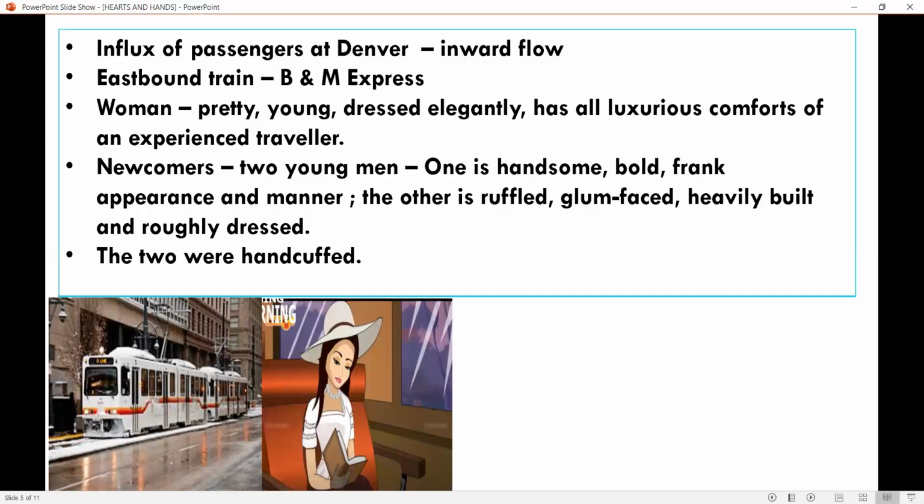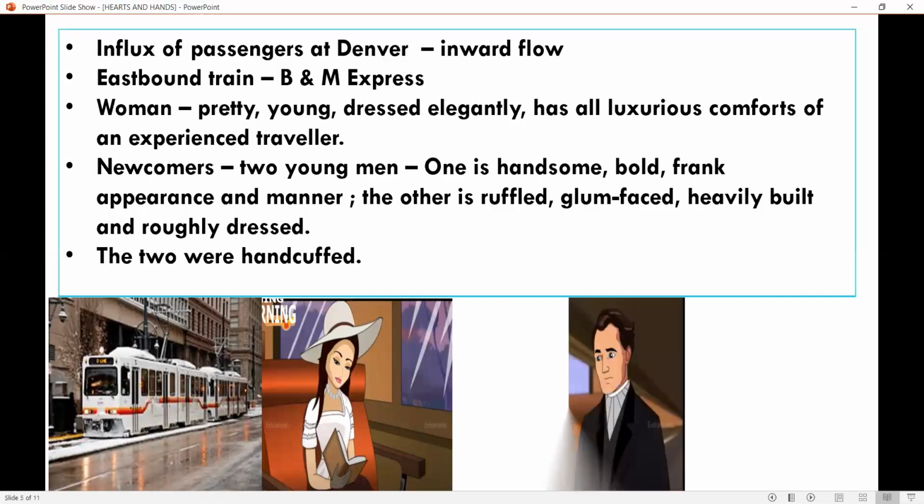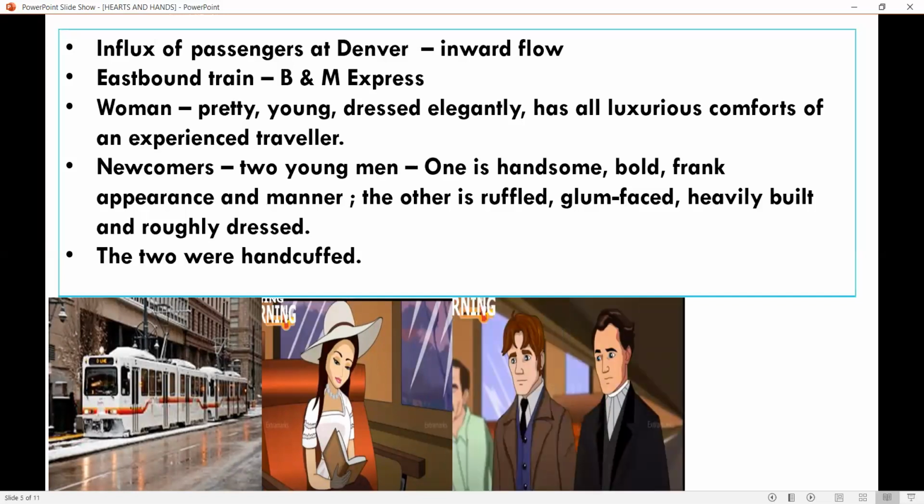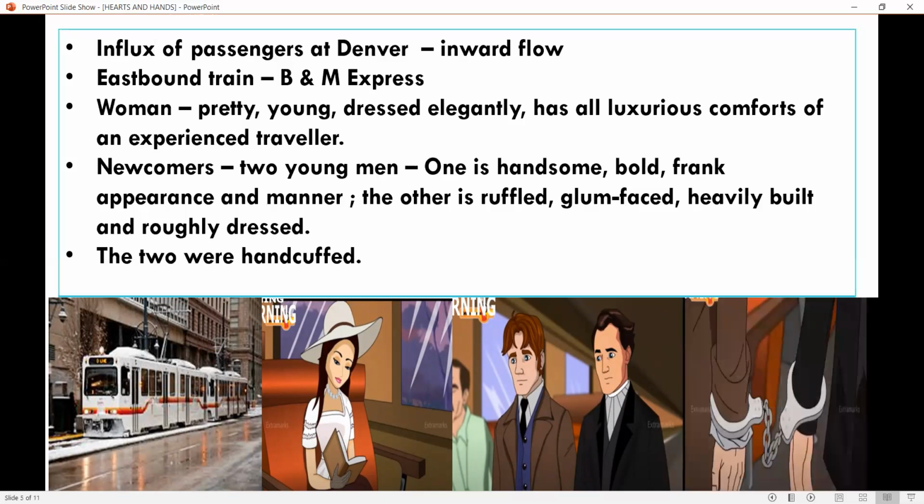Among the newcomers were two young men, one of handsome presence with a bold, frank countenance and manner, and the other a ruffled, glum-faced person, heavily built and roughly dressed. The two were handcuffed together.